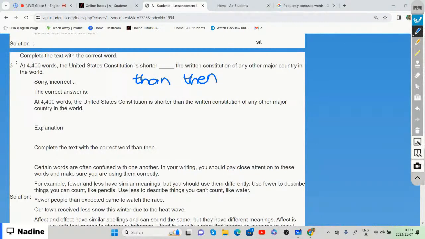So at 4,400 words, the United States Constitution is shorter than or shorter then the written constitution of any other major country in the world. So what is the word to use? Do we use than or do we use then? Than or then?